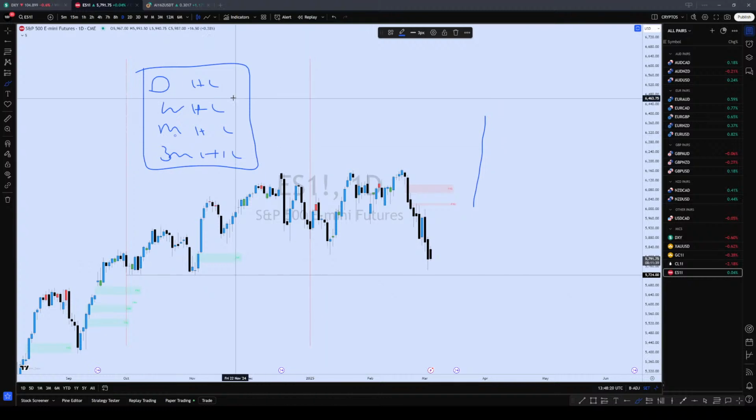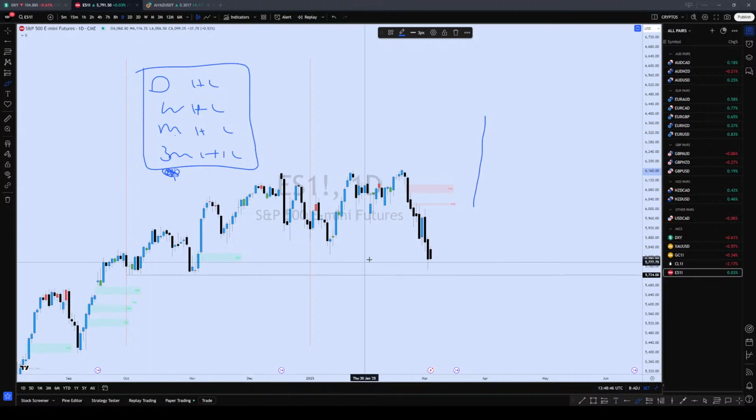When price is going down, it's going for a daily low, a weekly low, a monthly low, a 3 months low. That's it. And sometimes a yearly low as well. But that's a big one. It is the same thing, because price is fractal. So it's always going for one of these levels, or it's reversing from one of these levels.